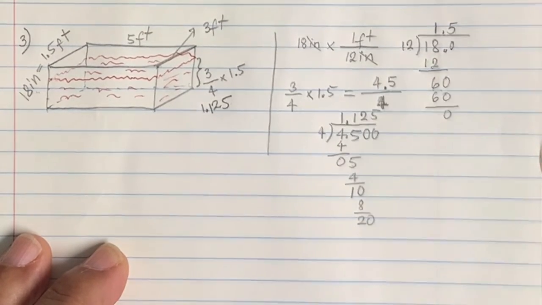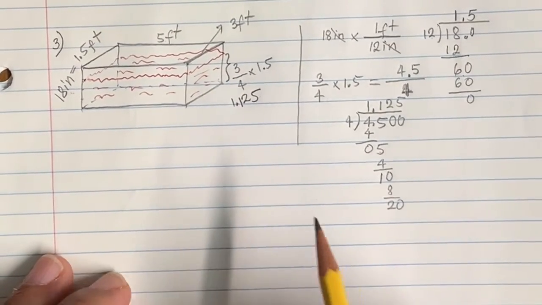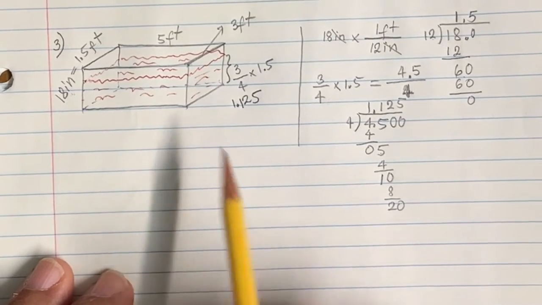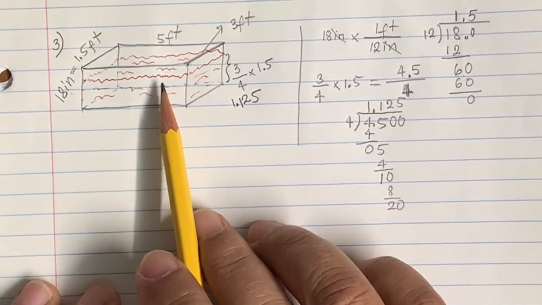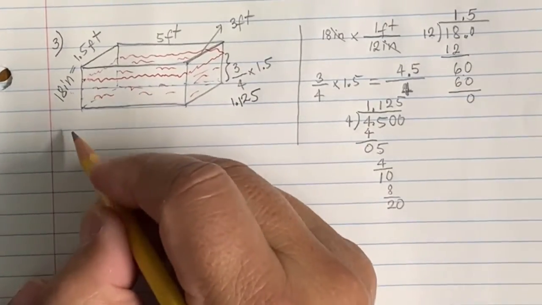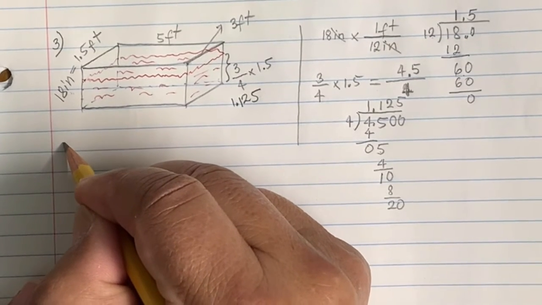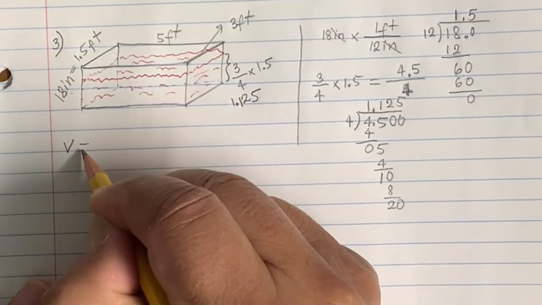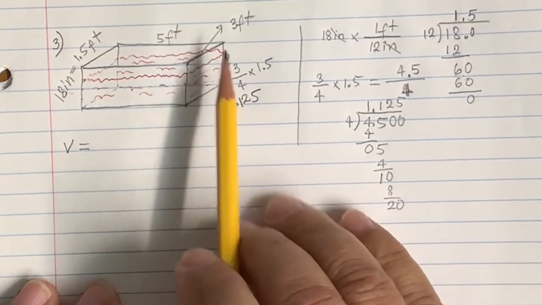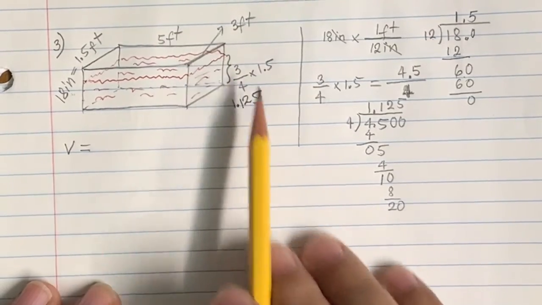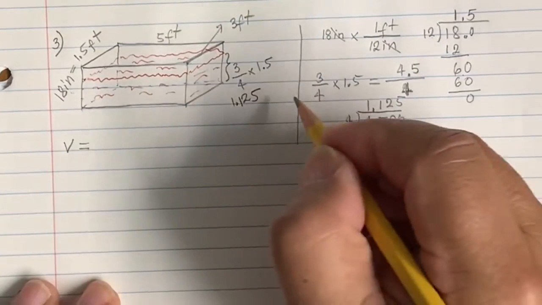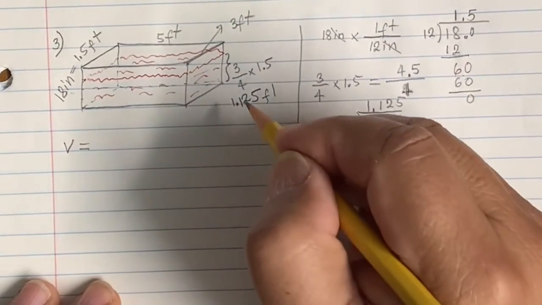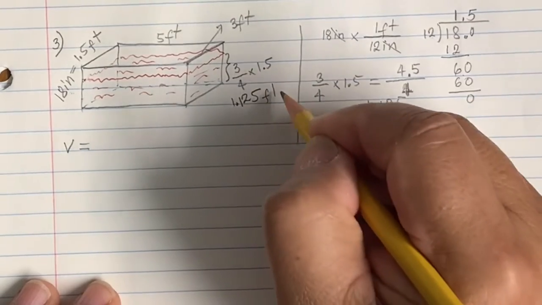So now we need to figure out the volume of the water. Okay. All right. So to find out the volume of the water, V for volume, we need to multiply the length, the width, and the height. So this is like 5 feet, 3 feet, and 1.125 feet.